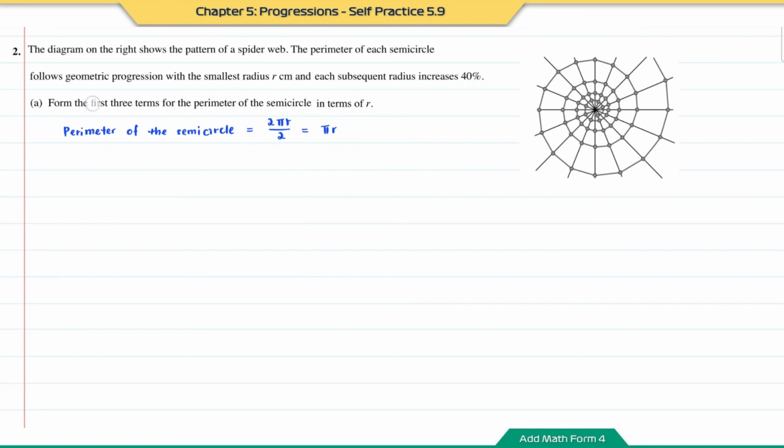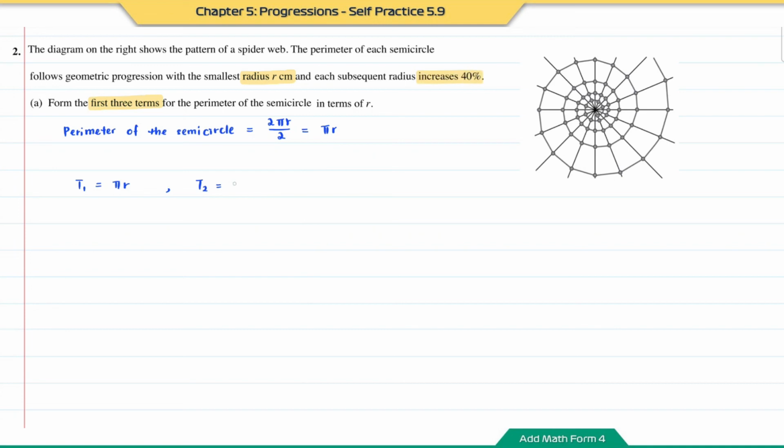So to form the first three terms, the radius is r centimeter. For the first term, it hasn't increased by 40% yet. So the first term, T1, will be just pi r. And as for the second term, it will be increased 40% compared to the previous one.